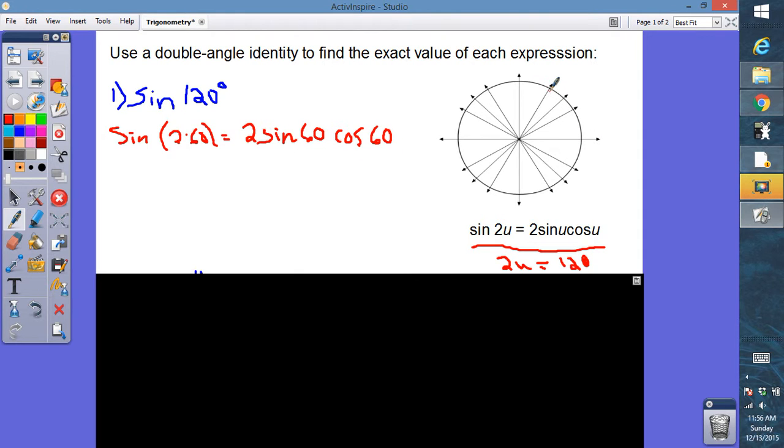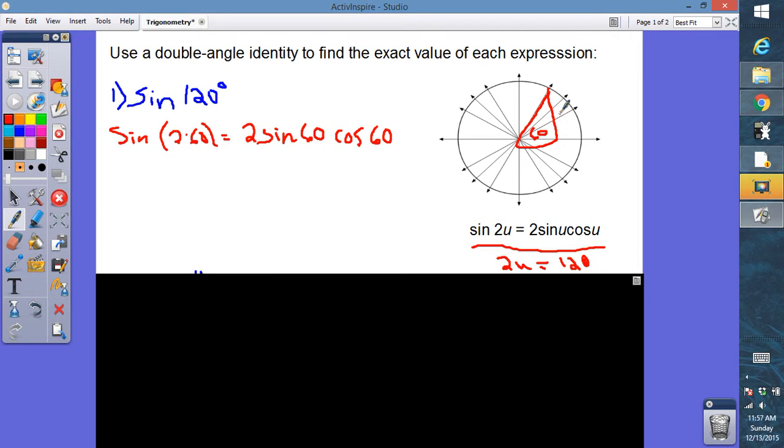So for a 60-degree angle, if you're watching this video, you should be familiar now with the unit circle. We've got a 30-60-90 triangle here, so our reference angle is 60.